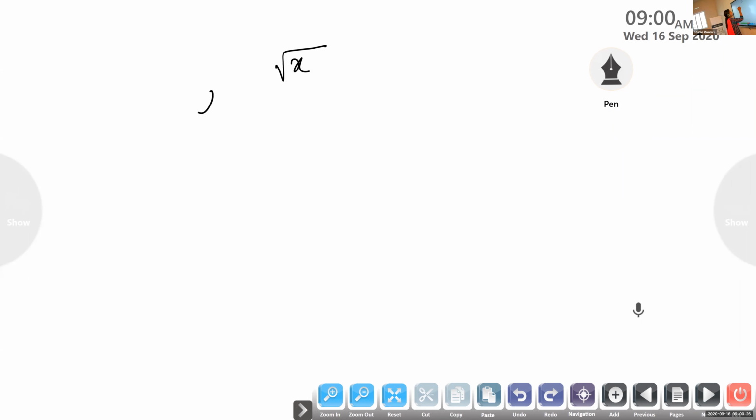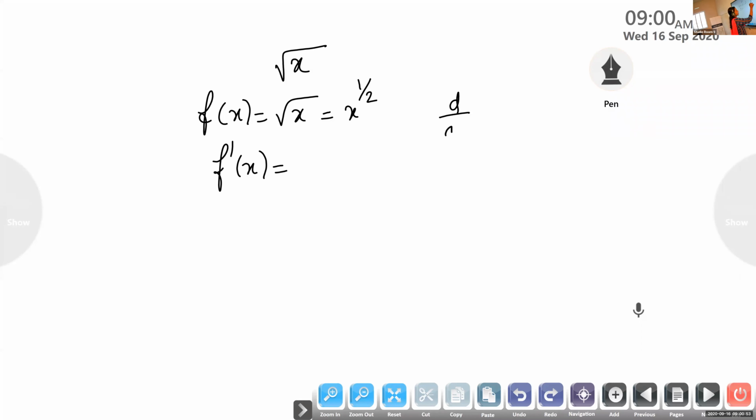Now, root x means what is the power? X raised to 1 by 2. Very good. Root x means power is 1 by 2. So what will be f dash of x? The derivative of x raised to n is n x raised to n minus 1.